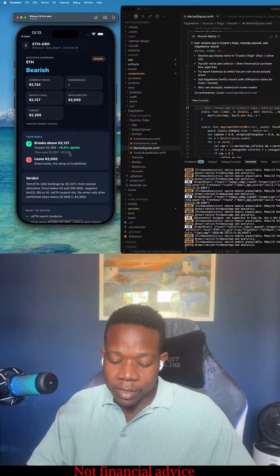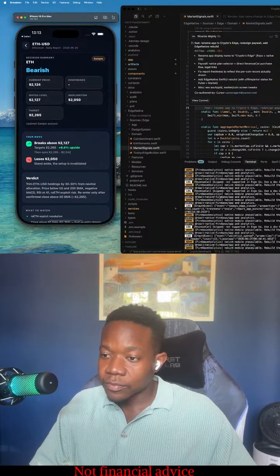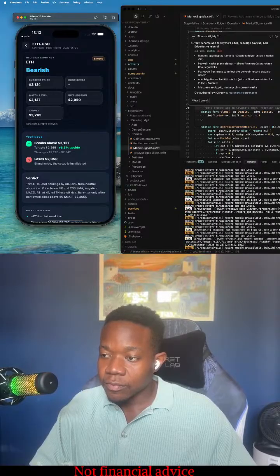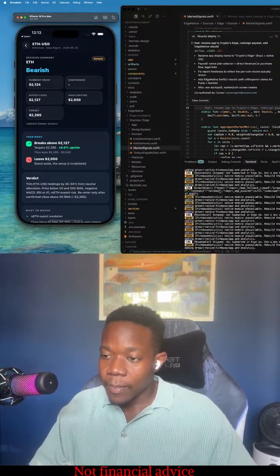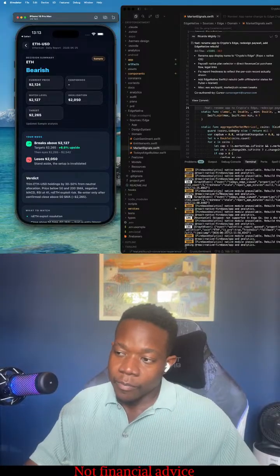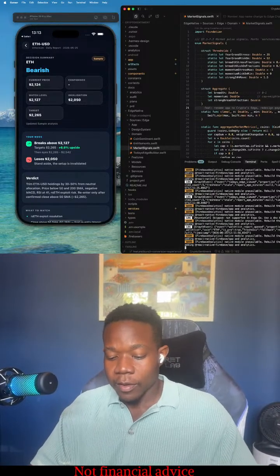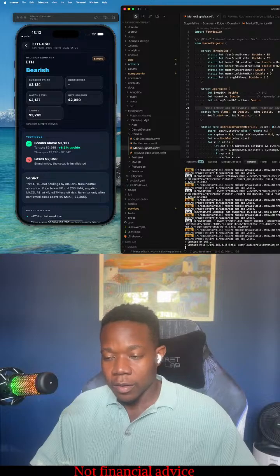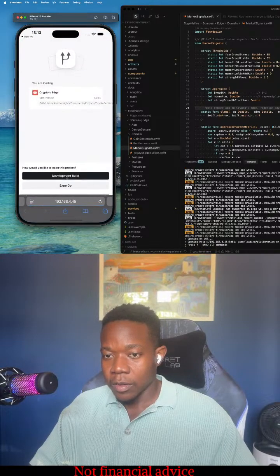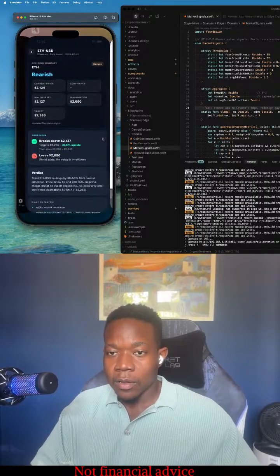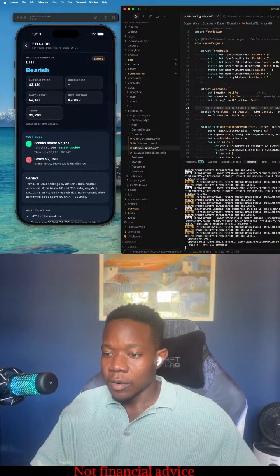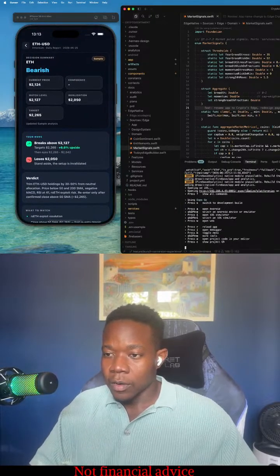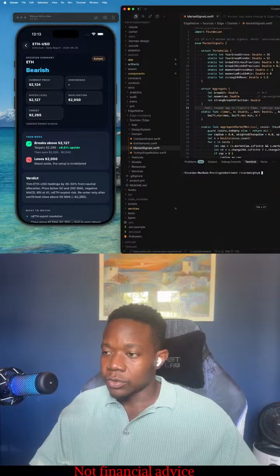I'll get this running on my actual phone. I just restart the packager.